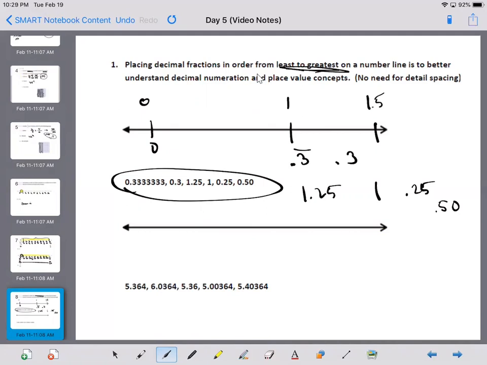So we know we're going to see 1 1/4. And we know we're going to see 1. And then some benchmark numbers. So we know that's going to be 5/10 or 50 hundredths. See that here. We see that one here. And then halfway there would be 25 hundredths. So we see it here, see it here.